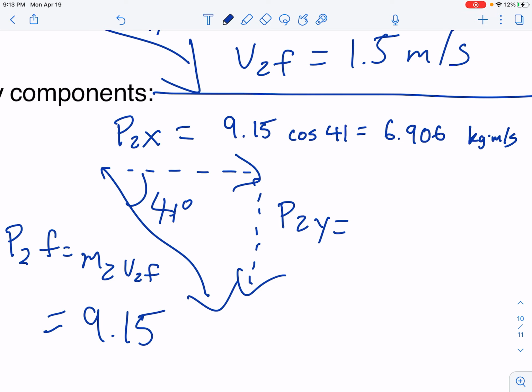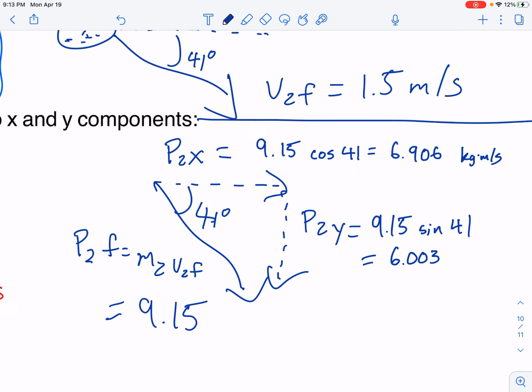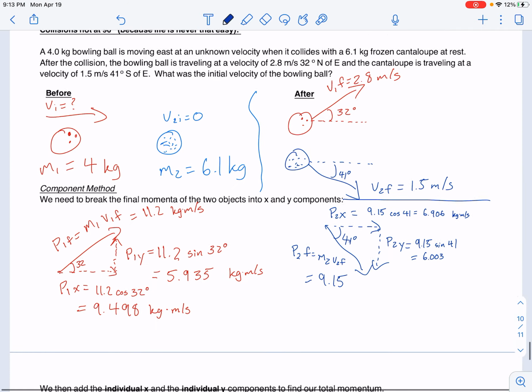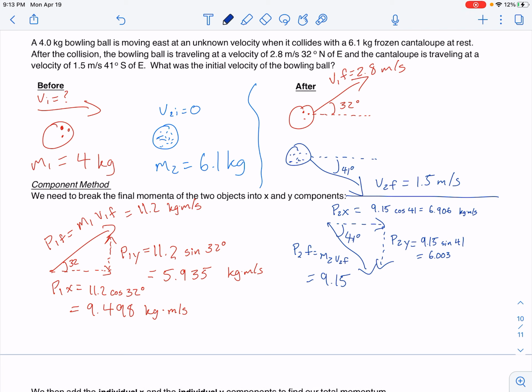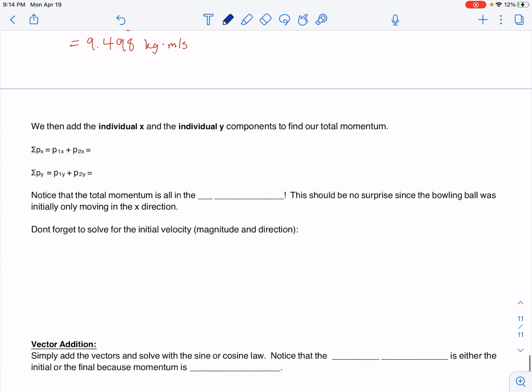The y direction is going to be my sine, which gives 6.003. So relatively straightforward. Move on to the next page.